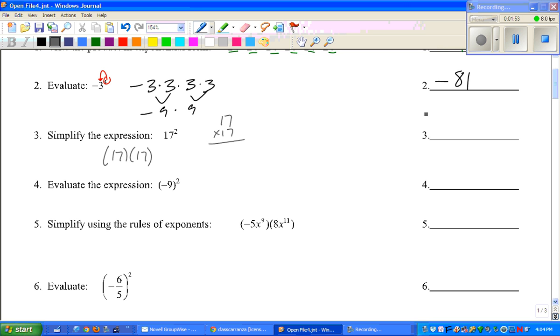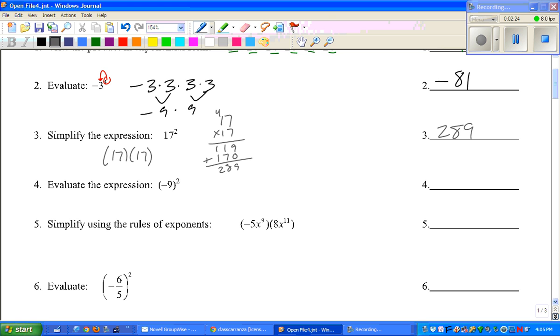If not, we're going to do it the old school way. 7 times 7 is 49. 7 times 1 is 7, plus 4 is 11. Okay? And then multiply the 1. 1 times 7 is 7. 1 times 1 is 1. Add everything up. You get 289.